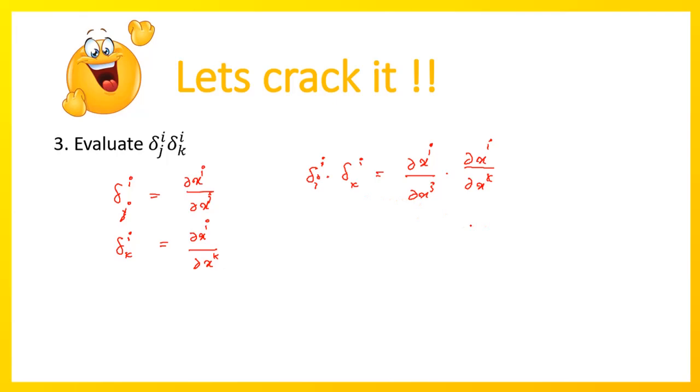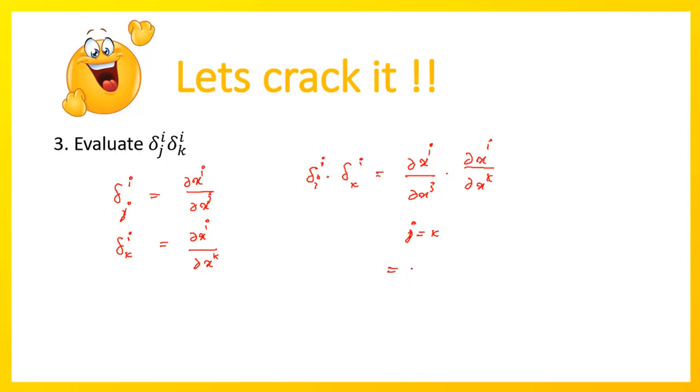This whole equation will exist only if j is equal to k. It exists only if j equals i and k equals i. This implies that this whole equation exists only if j equals k. We can't switch the integers between the subscript and the superscript.